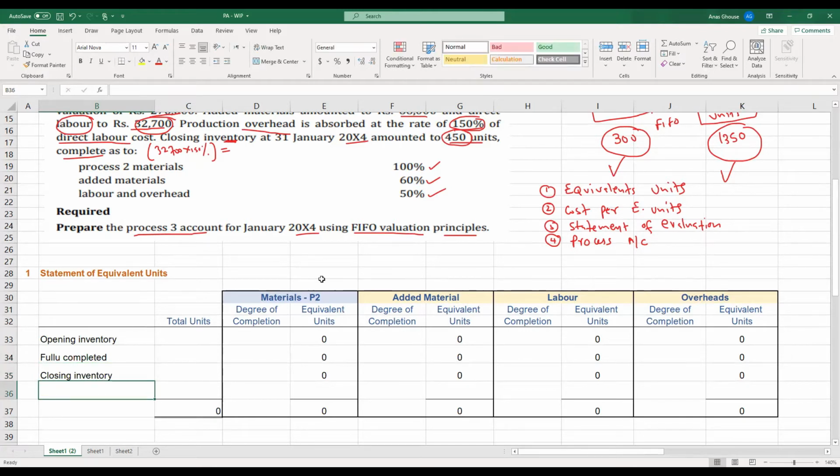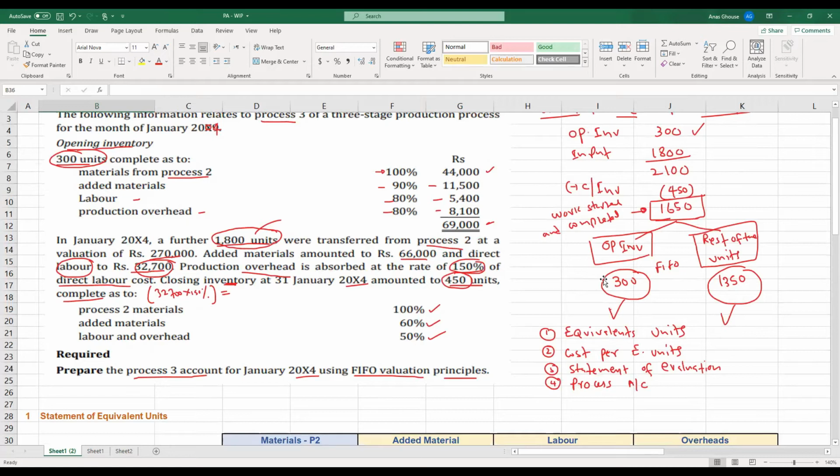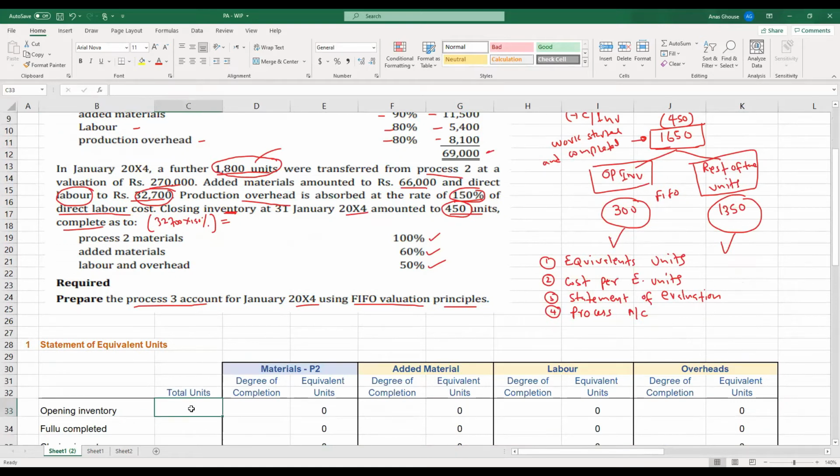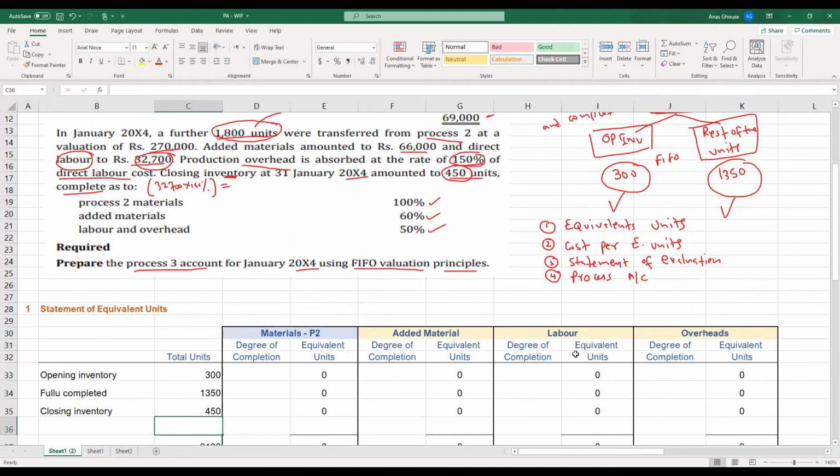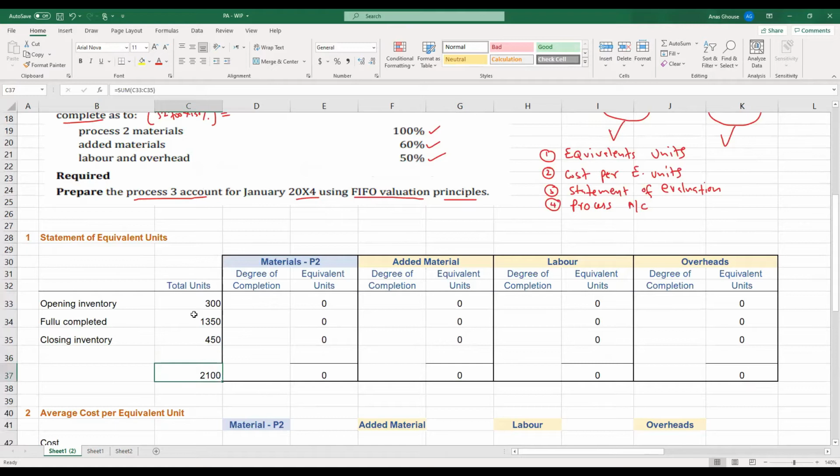As you can see, our opening inventory was 300. How much completed in the period is 1,350. Then closing inventory we took 450. So the total units will be 2,100.